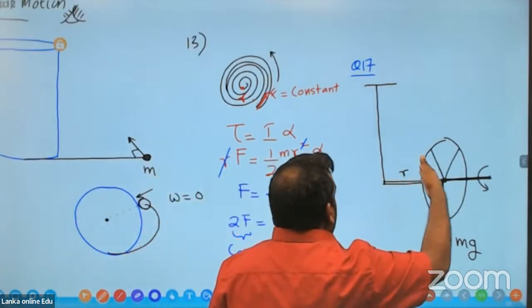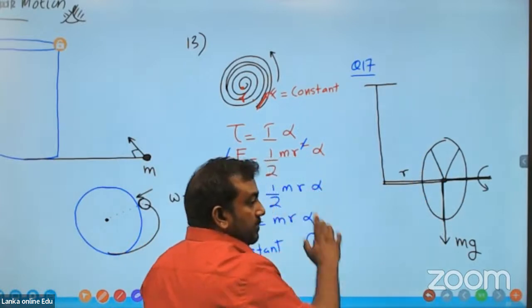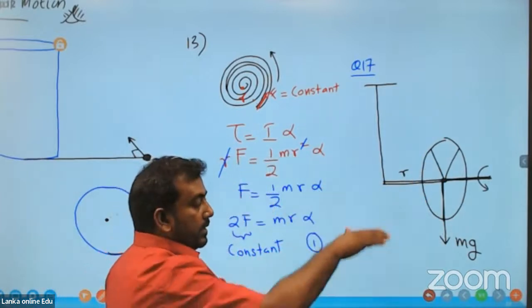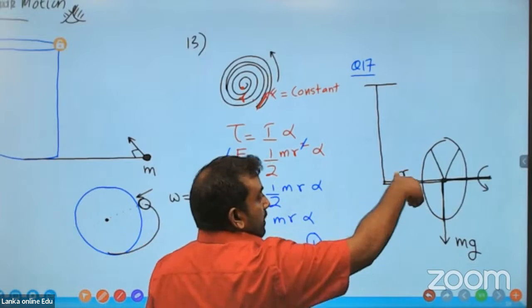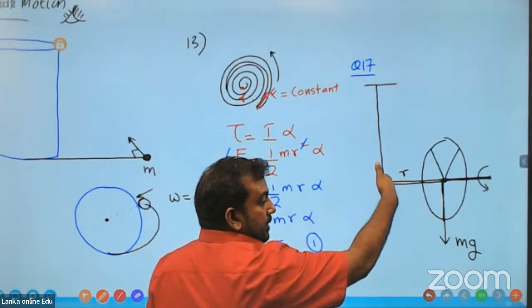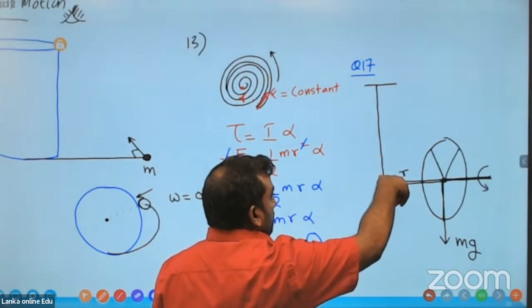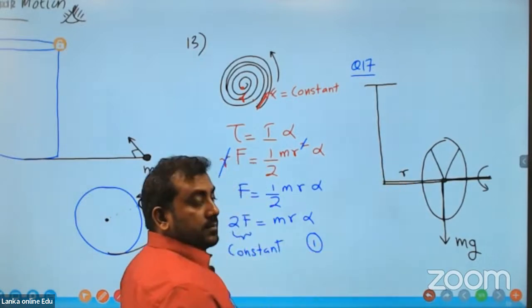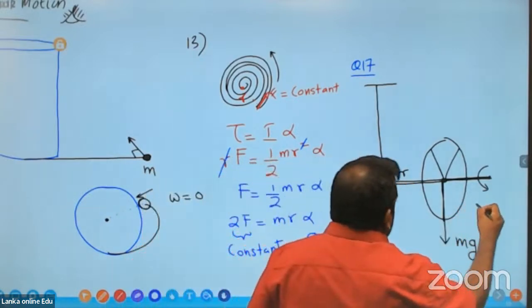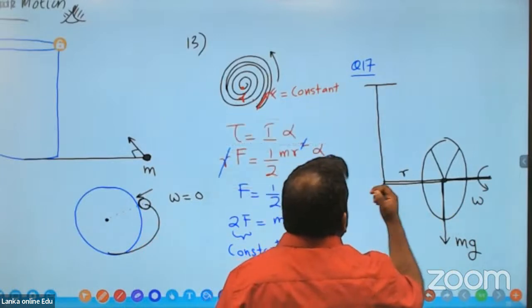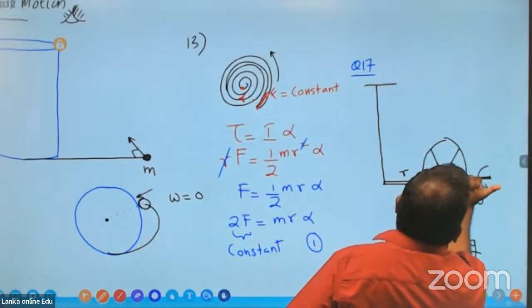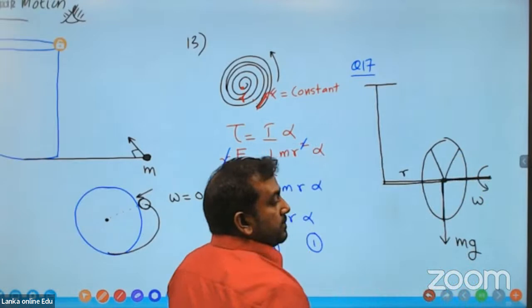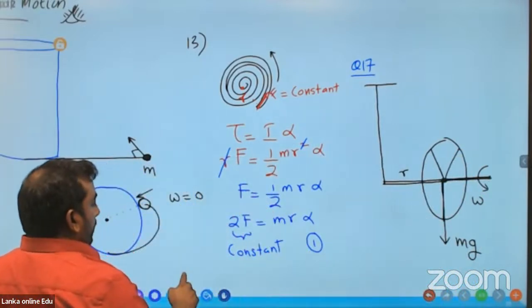RMG torque will be in that direction along the axis of rotation. RMG torque will be into the board around the axis of rotation. And here omega, angular momentum will be in that direction.